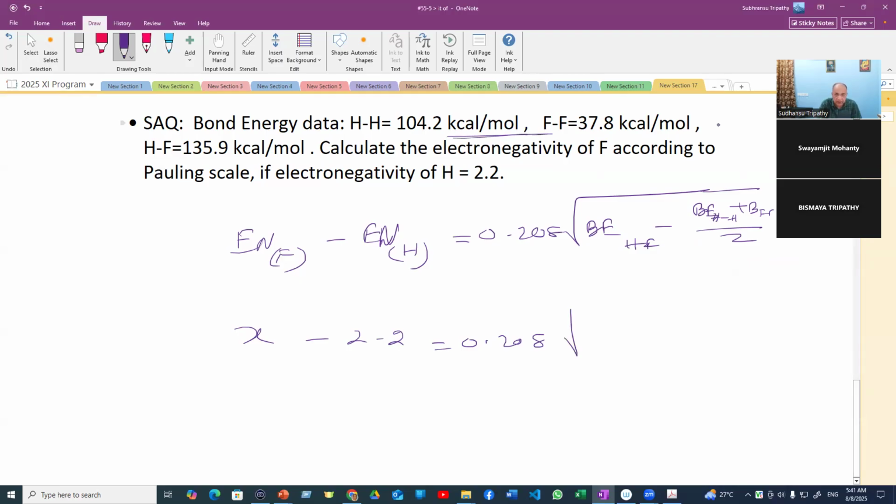It is given. So this HF is 135.9 minus 104.2 plus 37.8 by 2.